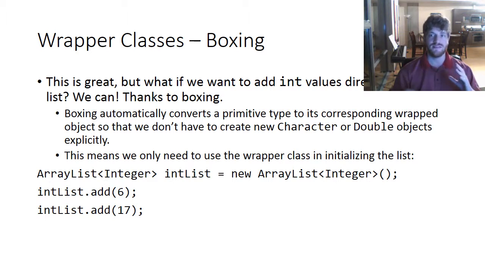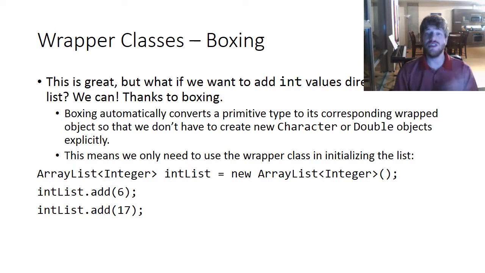Boxing is a feature built into Java that automatically converts a primitive type to its wrapper object in particular situations. So what that means is that we don't have to explicitly create a new Integer object when we want to add an int to our array list of Integers.